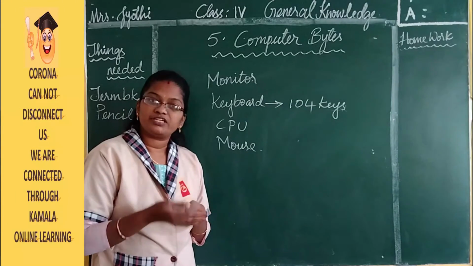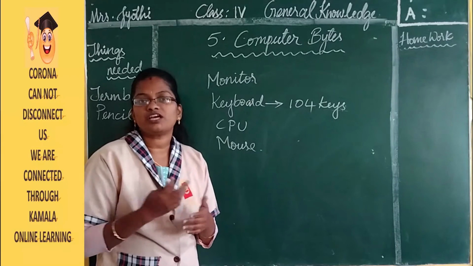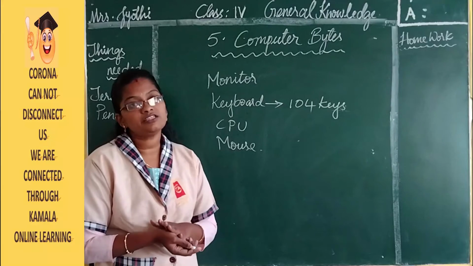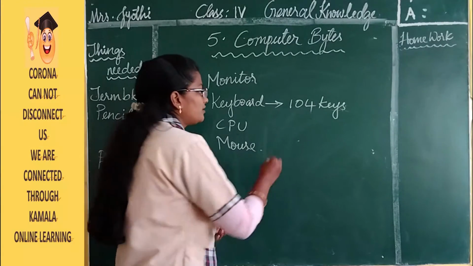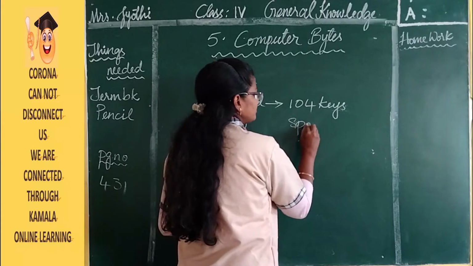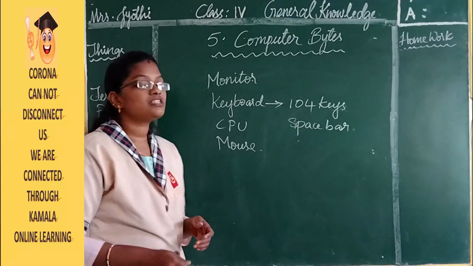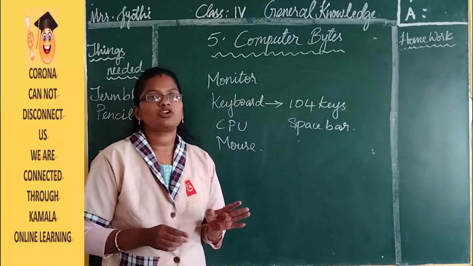In that we have 26 alphabets, numbers 0 to 9, and different other keys. The longest key is the space bar, and there is no shortest key.